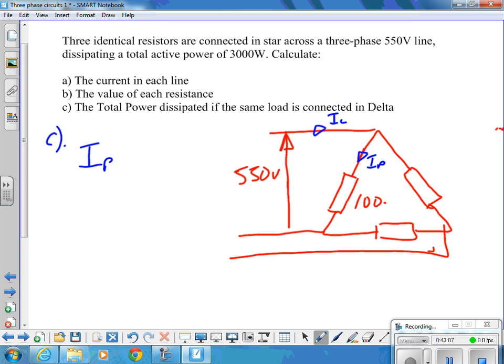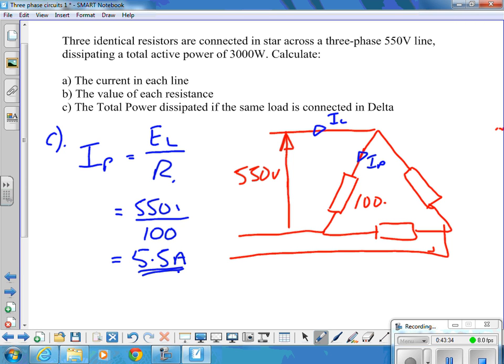If we isolate that one load, 550 volts across it, yeah? Agreed? So that's E line over R. That's 550 over 100, 5.5 amps. Yep.